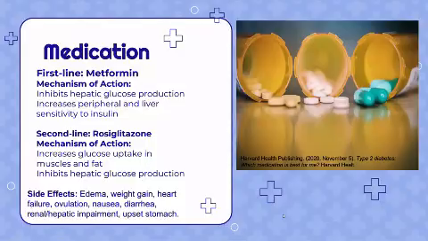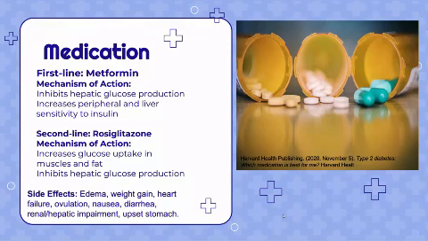Thank you for your explanation, Bosco. Now I'm going to talk about the two drugs prescribed in our case study. The first one is metformin, Glucophage. This medication is used alongside diet and exercise to control blood sugar in patients with type 2 diabetes.